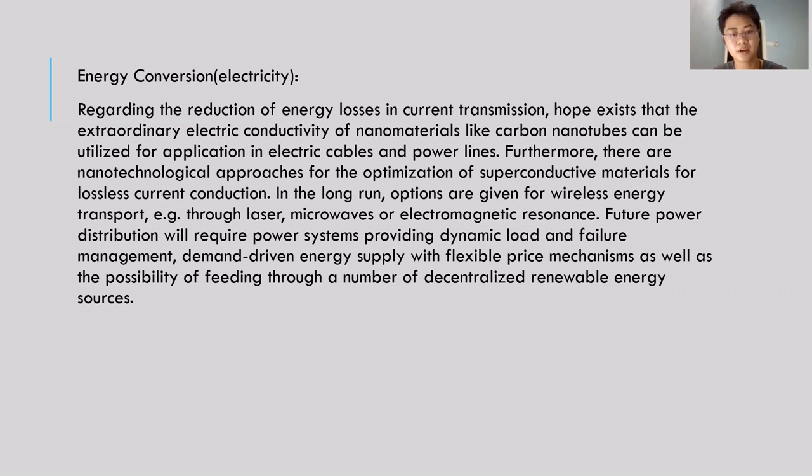In the long run, options are given for wireless energy transport through laser and microwaves or electromagnetic resonance. Future power distribution will require power systems providing dynamic load and failure management, demand-driven energy supply with flexible price mechanism, as well as the possibility of feeding through a number of decentralized renewable energy sources.